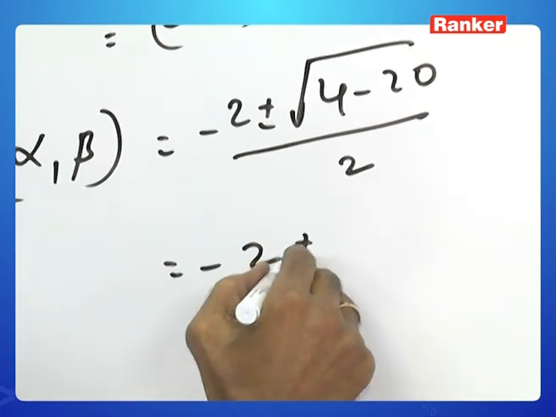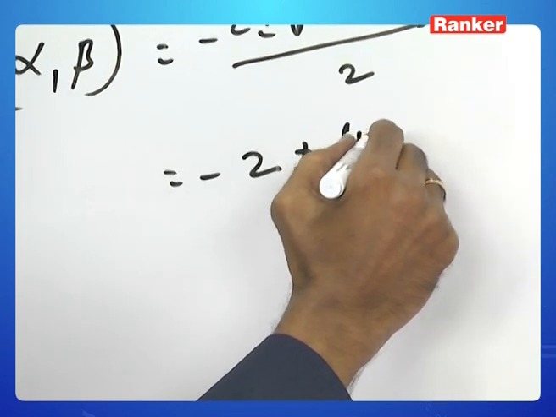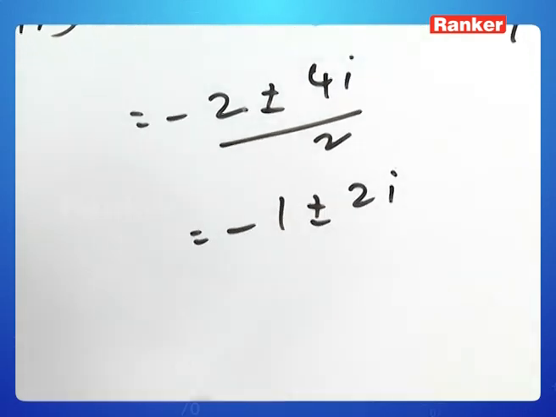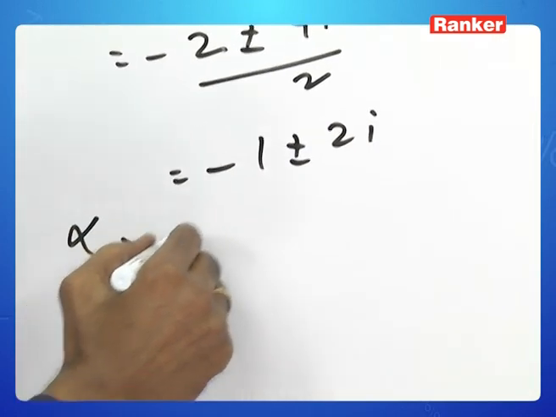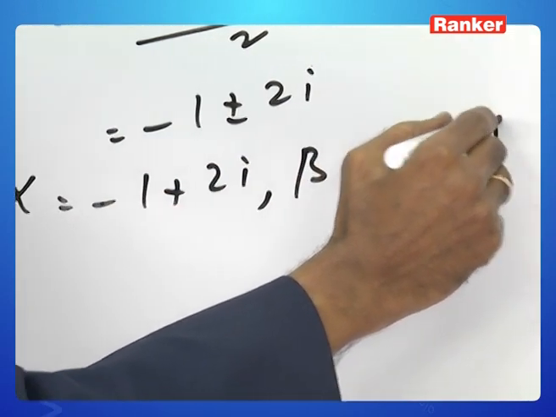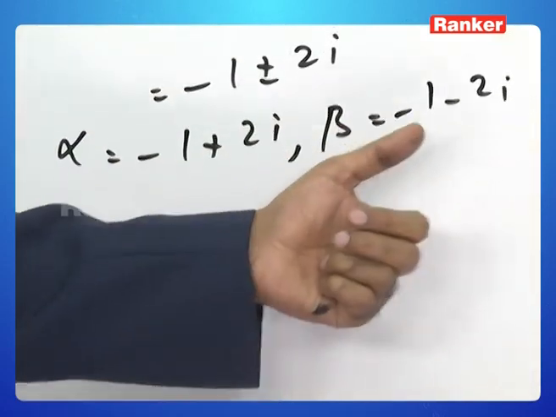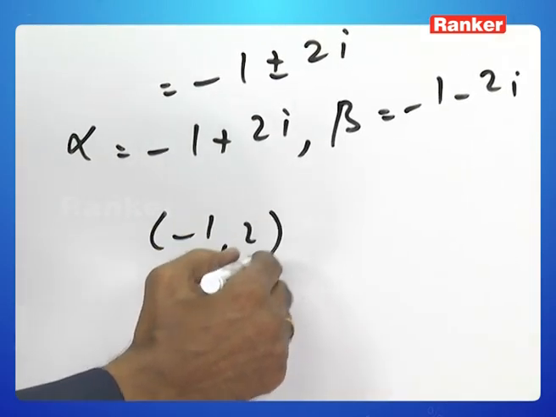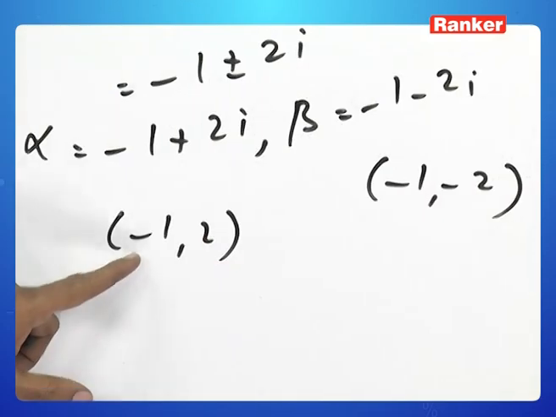So this is -2 plus or minus 4i by 2, so -1 plus or minus 2i. So we can say alpha is -1 plus 2i, beta is -1 minus 2i. Now you will have to go to the contour and see whether these singularities lie inside the contour or not. So this written simply is -1, 2. This is -1, -2.